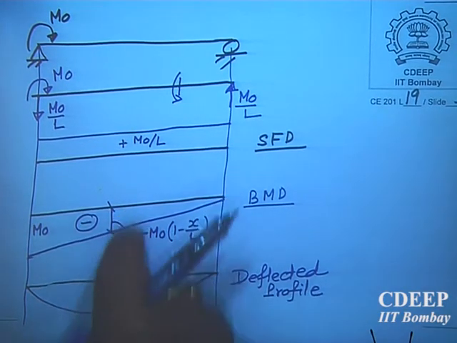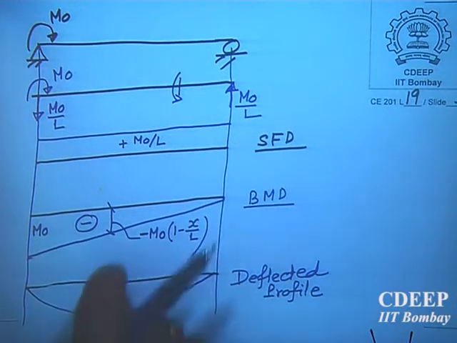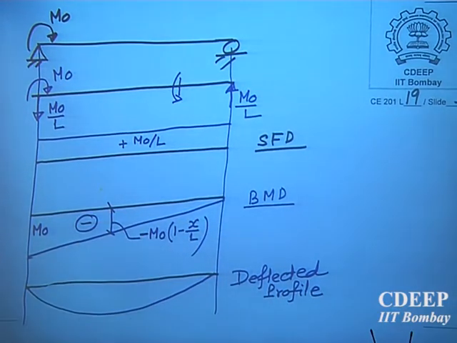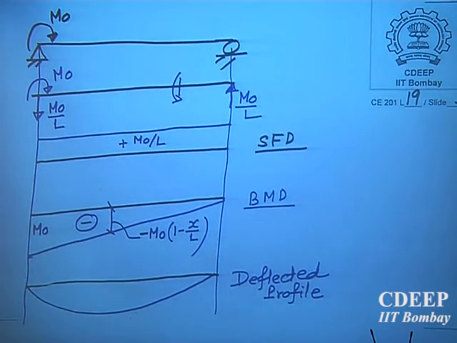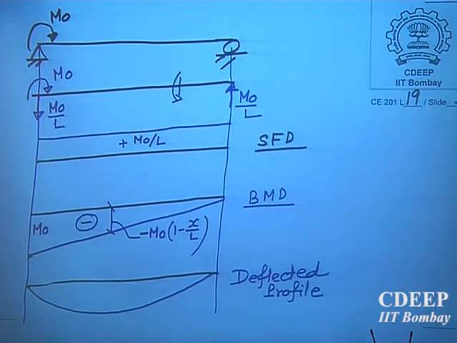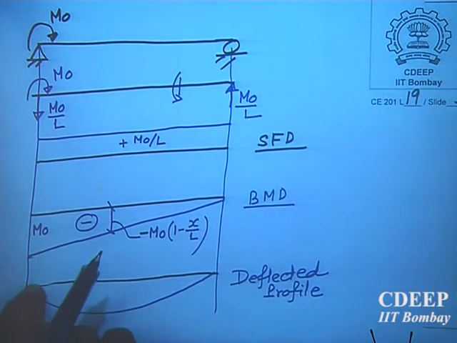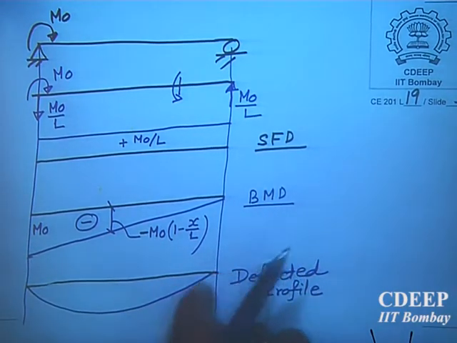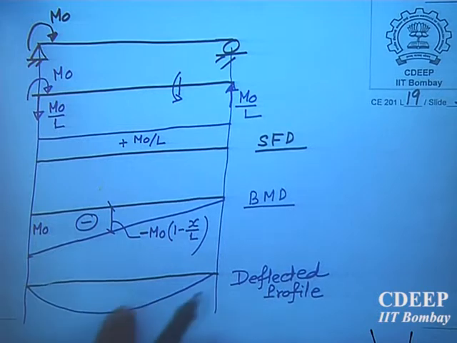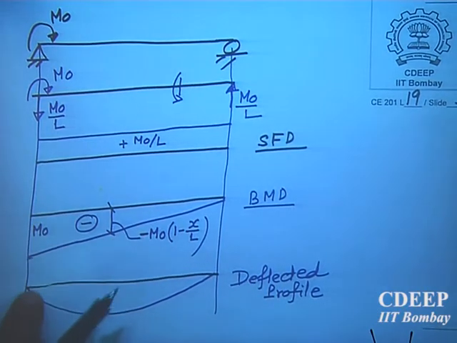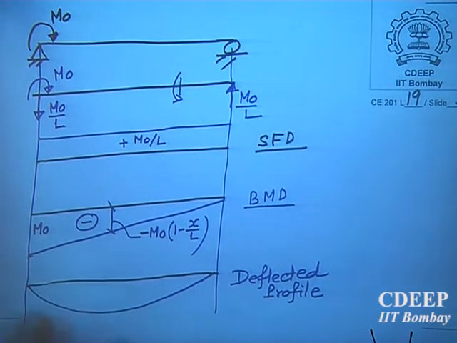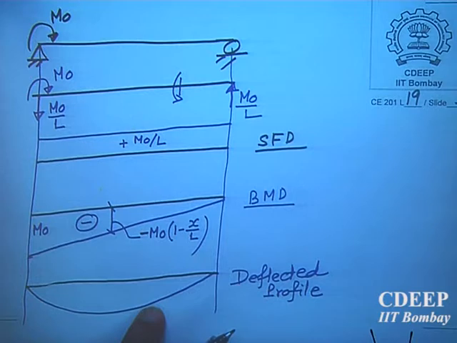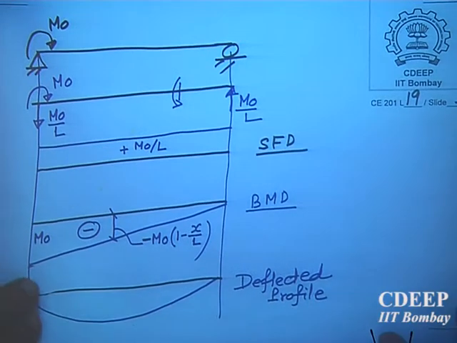The deflected profile and bending moment, one can see the relationship. It will deflect something like this. This angle and this angle will not be the same. It is not symmetrical. Left hand side deflection will be more. This side will be less. Is it okay?